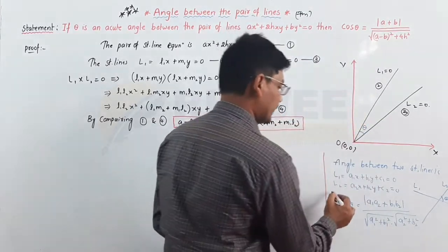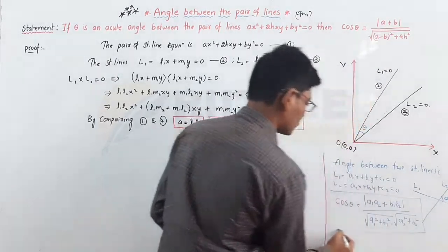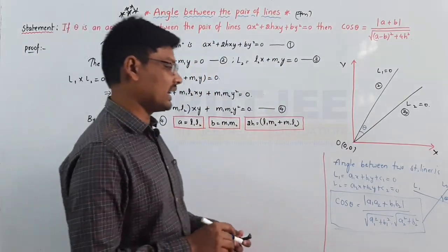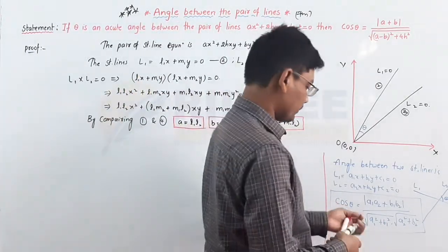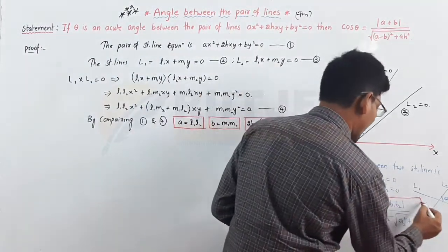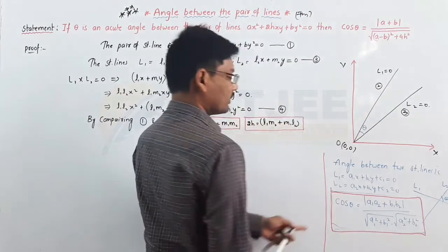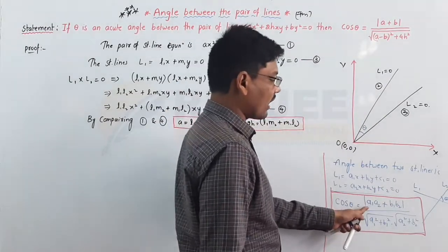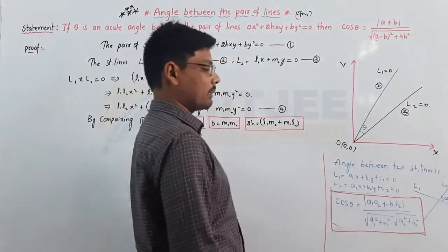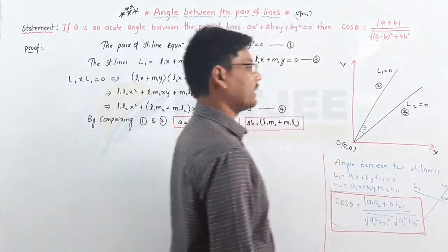This is the angle between two straight lines, but here we want the angle between a pair of straight lines. This is the formula for the angle between two straight lines, cos theta is equal to modulus of (a1 a2 plus b1 b2) by square root of (a1 square plus b1 square) into (a2 square plus b2 square).